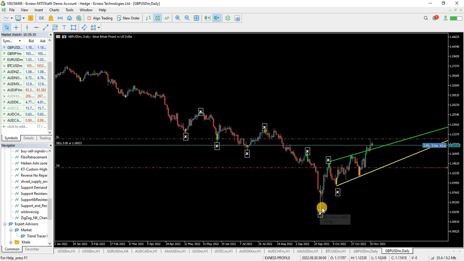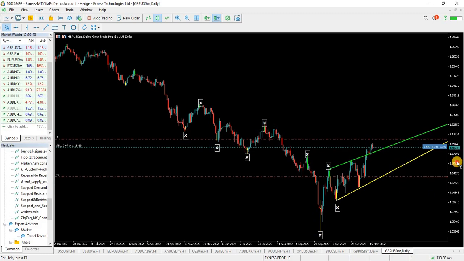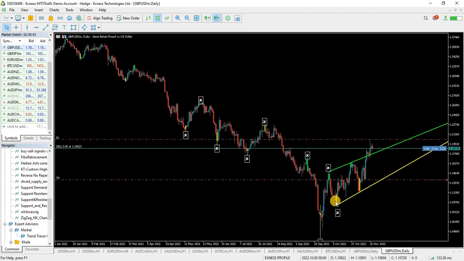That is an indication that the market is changing directions to the upside. Instead of continuing creating highs and lows going downwards, it now created a new low which is higher than the previous low. So that's an indication of direction changing from a bearish momentum to a bullish momentum.